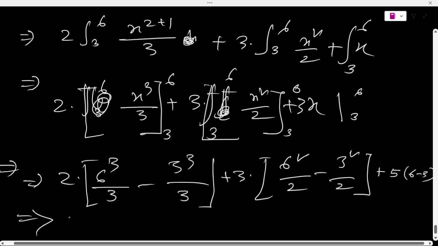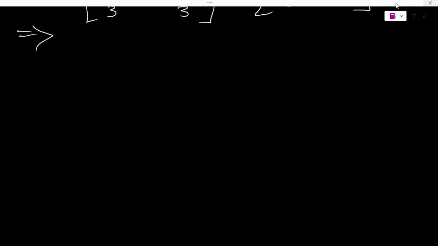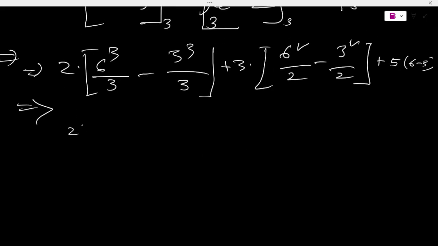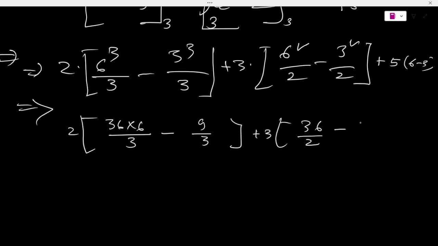So what will be the ultimate result, the calculation result? It will be 2 into (6 into 6 into 6 divided by 3, minus 27 divided by 3) plus 3 into (36 divided by 2 minus 9 divided by 2) plus 15.